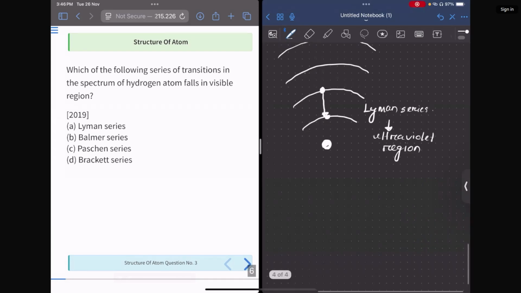If an electron jumps from the third orbit to the second orbit, it will be called the Balmer series.